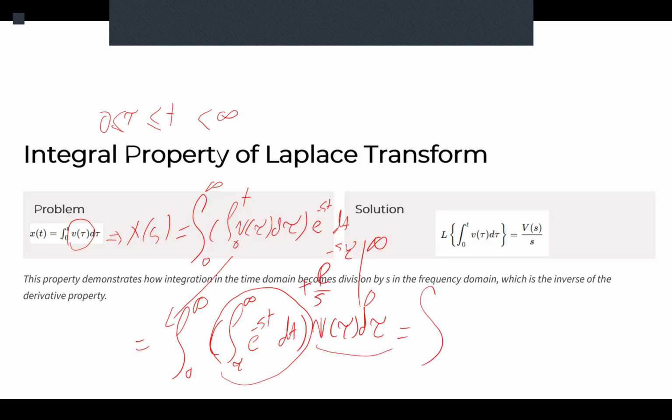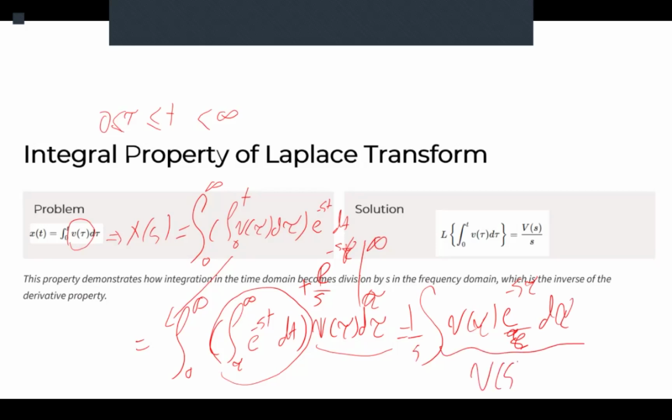So this one becomes v of tau e to the power of minus s tau over s d tau, from tau to infinity. You can bring the s outside, and this one is the definition of Vs. So we reached our expected result.